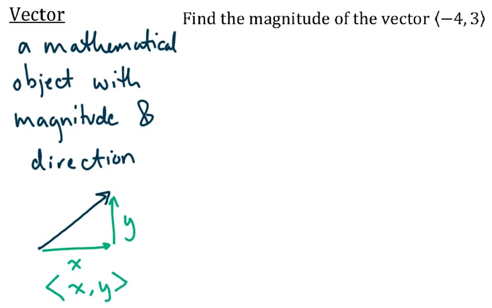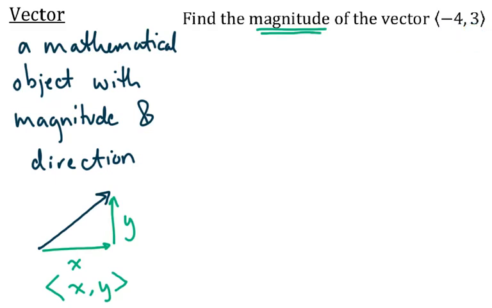Now, if we have to find the magnitude of a vector, remember magnitude means length, we're going to rely on our old friend Pythagoras. Here we see vertical and horizontal components.